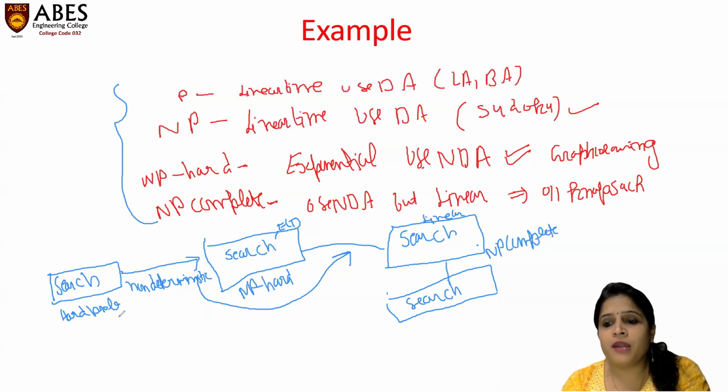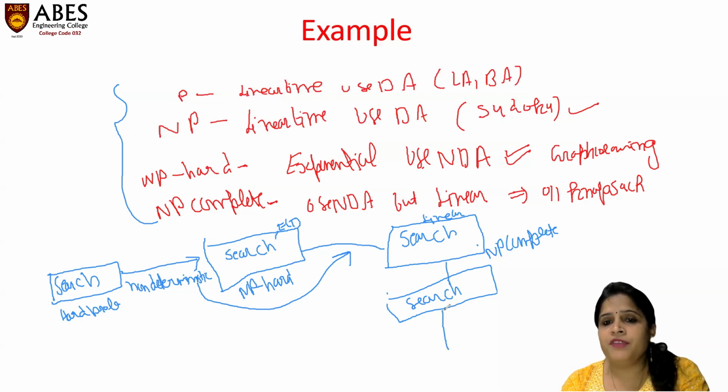So initially we have a hard problem; when the researcher finds a solution using a non-deterministic approach, the problem comes in the category of NP hard because the time complexity is exponential. When the researcher converts this approach to find a solution in linear time, the problem converts into an NP complete problem.